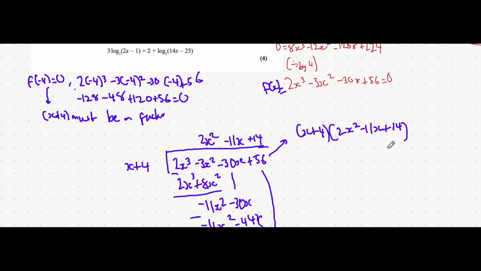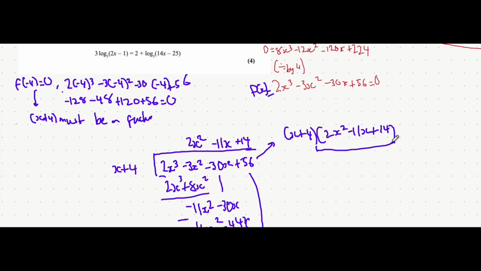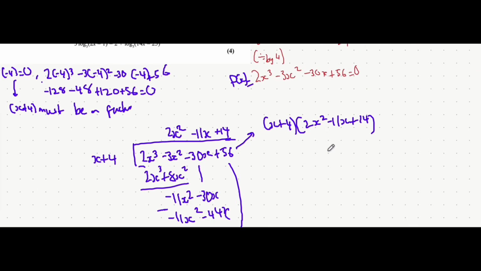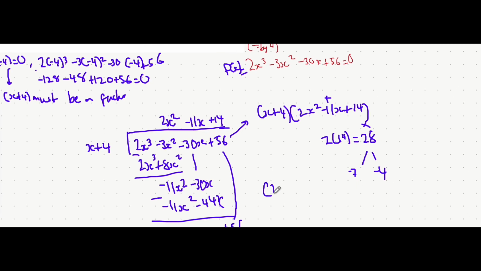And what we're now going to focus on is factorizing this quadratic here. Quite a long question. So 2 times 14 is equal to 28. The 2 factors of 28 that multiply to give 28 and add to give minus 11 are minus 7 and minus 4. What I then do is put these in our brackets with 2x because that's the number before x squared. You may have a different method, that's completely fine.